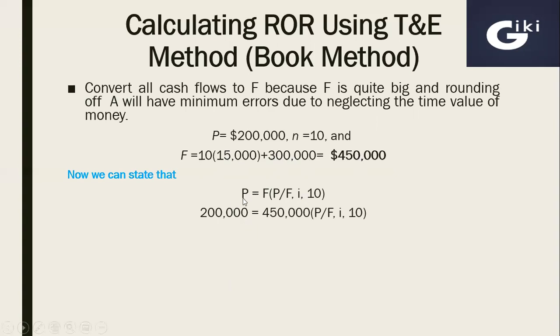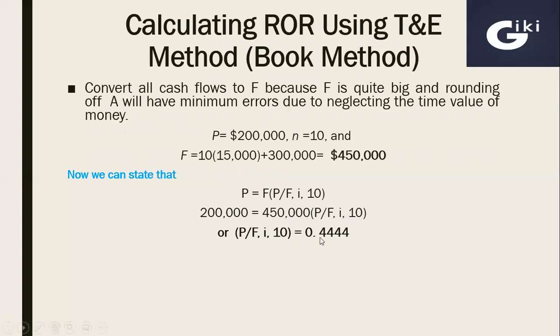So by ignoring the time value of money, the equation will be 200,000 is equal to 450,000 P over F into unknown rate of interest and 10 years. So from here we can get a factor value for P over F factor for 10 years for unknown rate of interest.